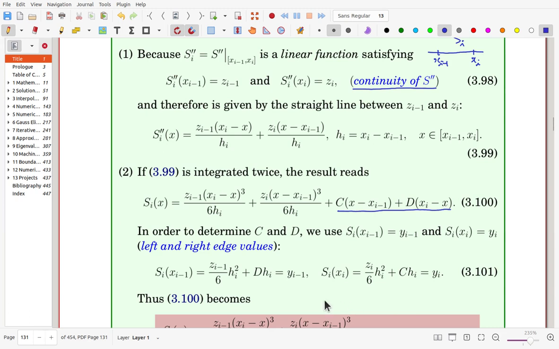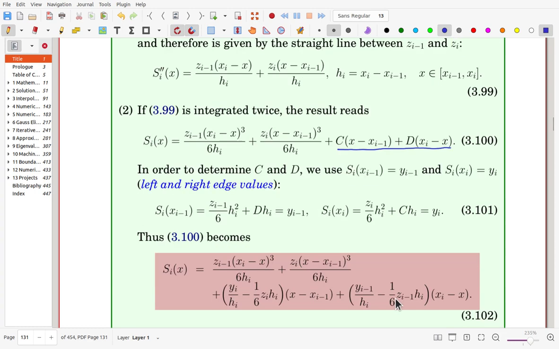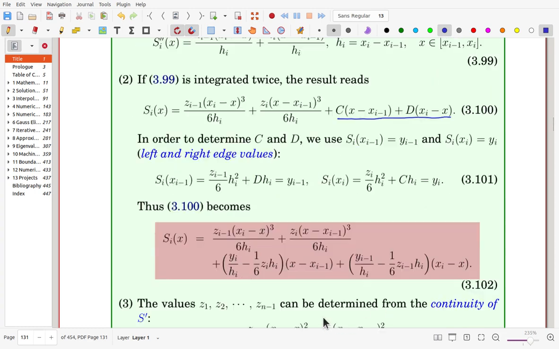So we can solve for C from here. We can solve for D from this equation. So we can get C and D and use the solutions to finalize the formula here.